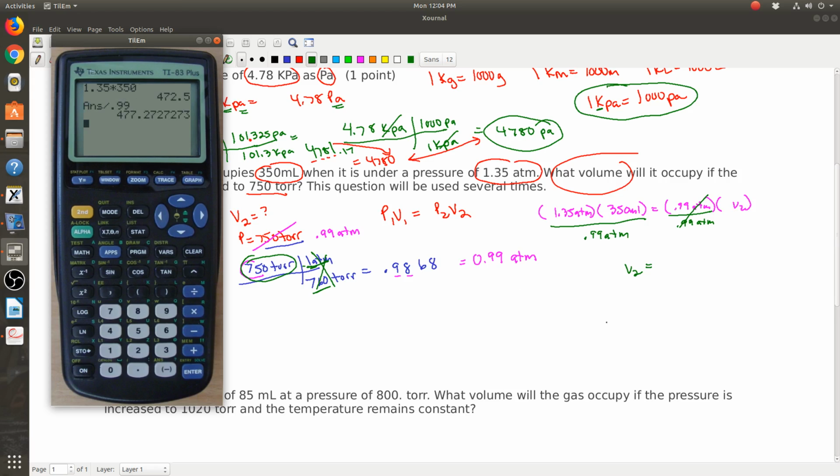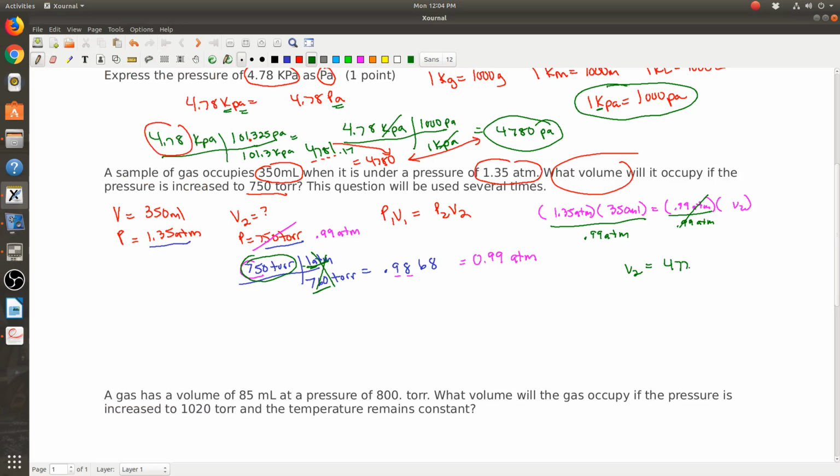I get 477.27, and then I have to look at significant figures again. This one only has 2 sig figs. This one has 3. So you take the smallest number, 2 sig figs. So I need 2 significant figures. The 7 looks at the next number, which causes that 7 to round up. So it's 480 milliliters. And that was the answer, 480 milliliters.